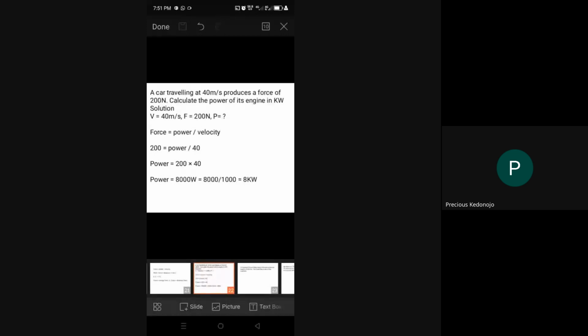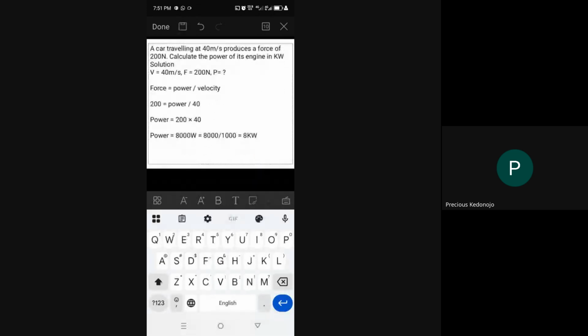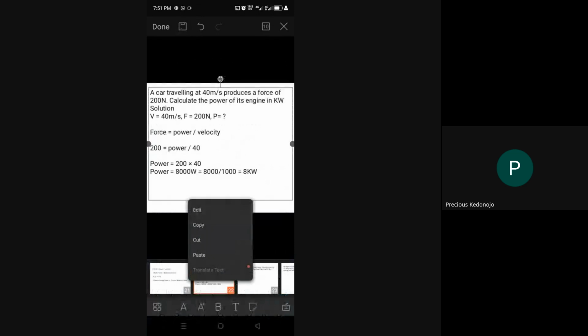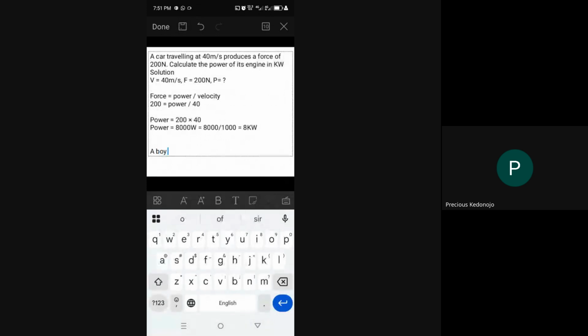Okay, I want you to write it down right now. Let me try and type it here. A boy running at 25 meters per second expends a power of 100 watts.